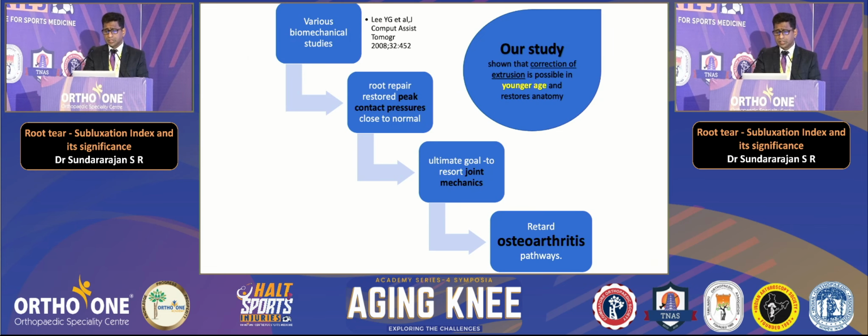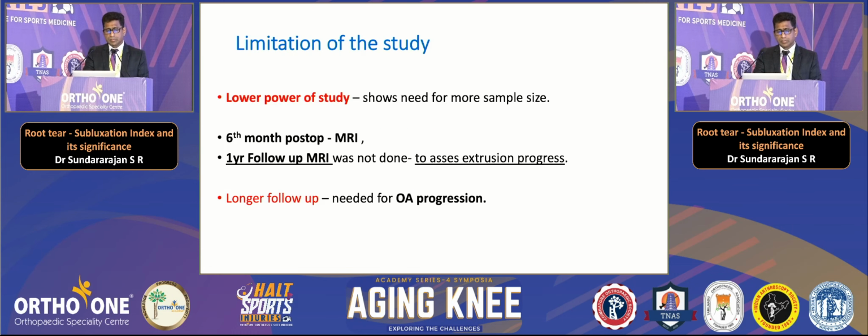Studies have also shown that root repair restores the peak contact pressures close to normal. The ultimate goal is to restore joint mechanics and to slow the progression of osteoarthritis. Even our study has shown that good correction of the extrusion is possible in younger age. The limitation of our study is that it has lower power, with only 54 patients.